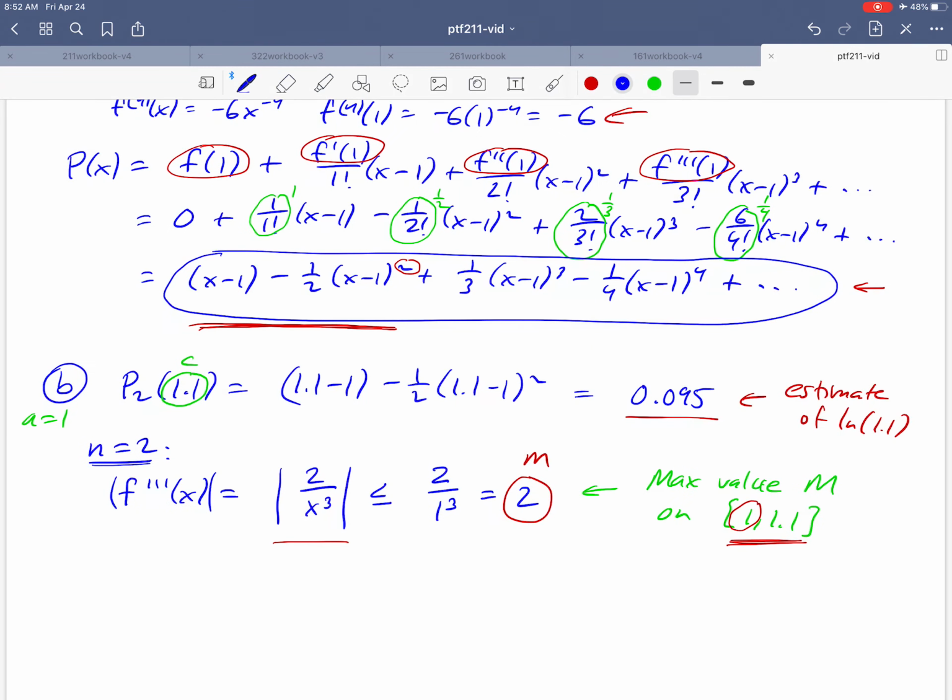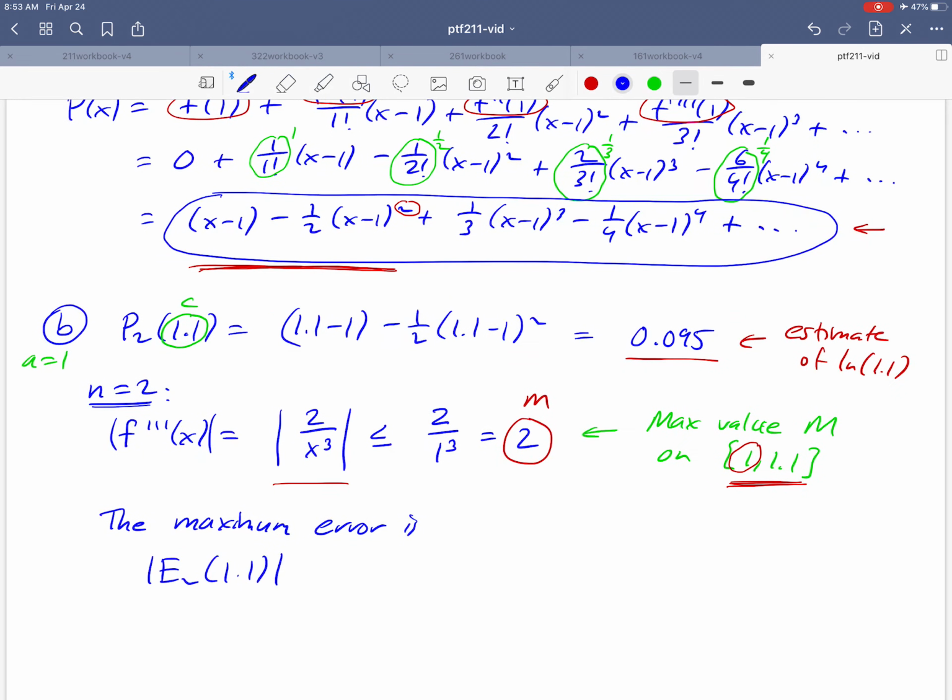Now we are ready to actually calculate the error. Our notation for it was E2 of 1.1. For this, you might need to look back at section 8.5 and find the Taylor error approximation formula. I'm just going to write down what it looks like. It had the form M times the absolute value of c minus a to the n plus 1, and n is 2, so we're going to get a 3 there, over 3 factorial.